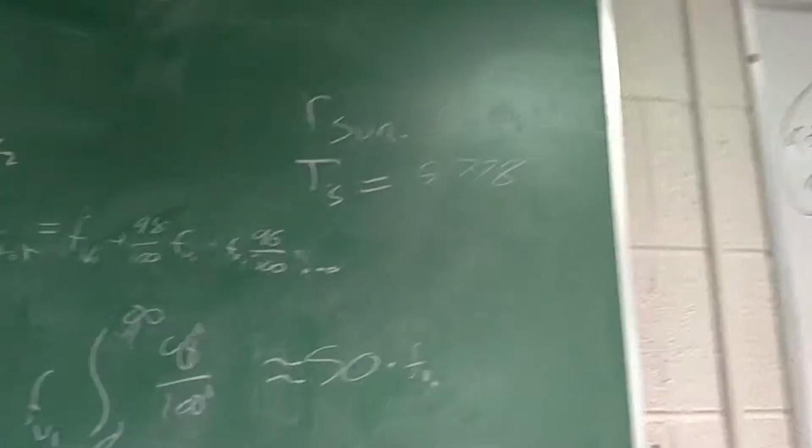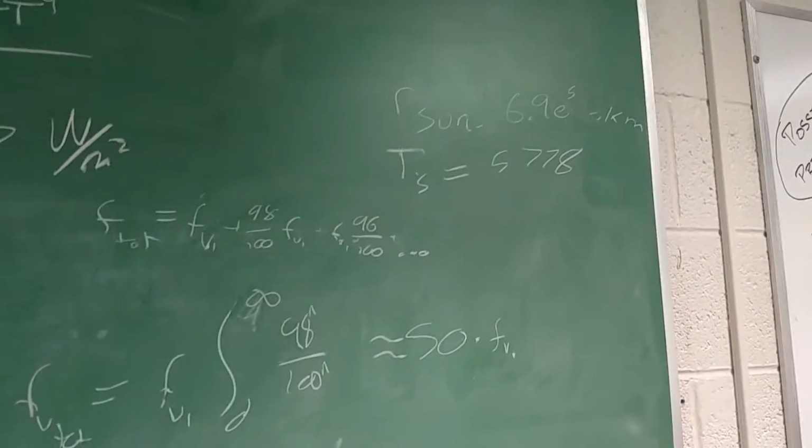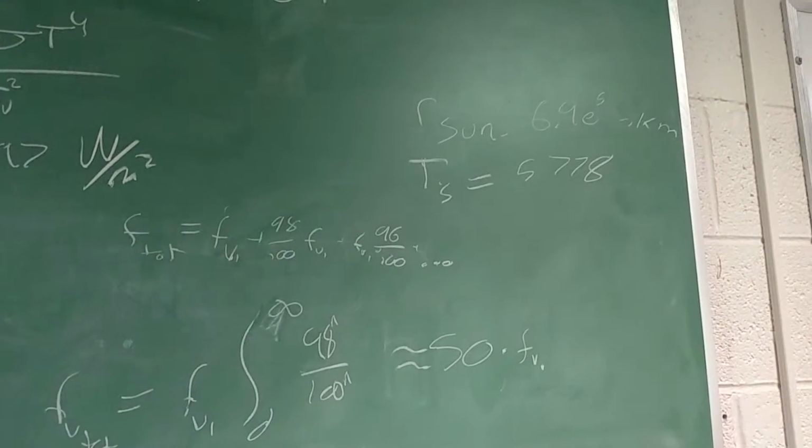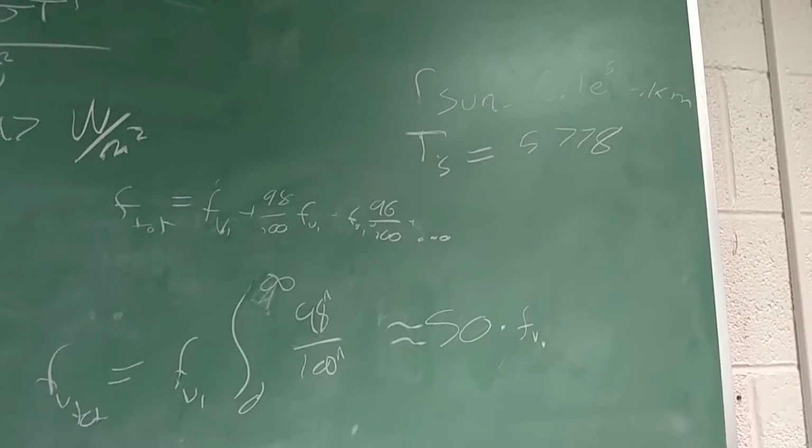retaining energy. To start, we know that the R of the sun is 6.9 e to the fifth, and the temperature is 5,778.